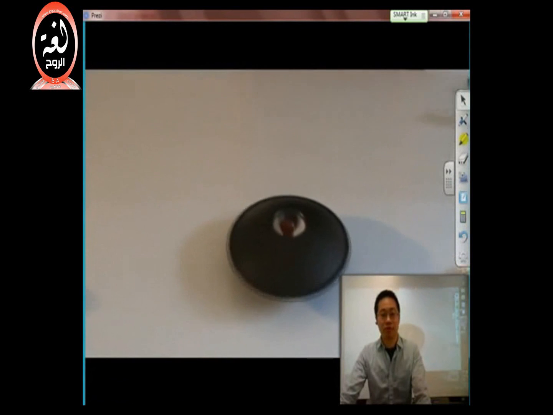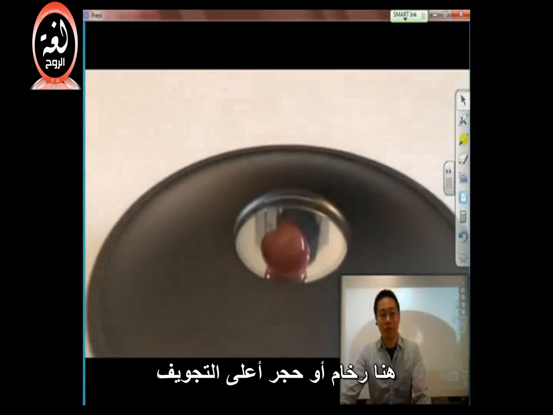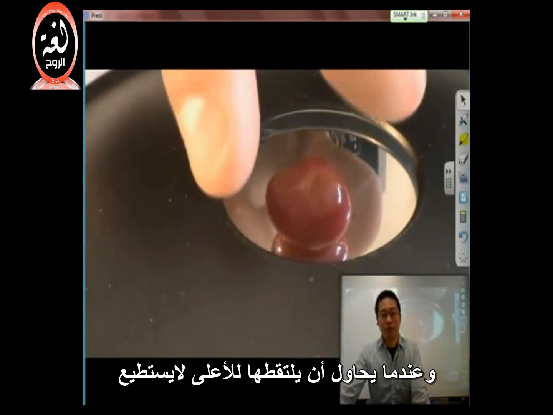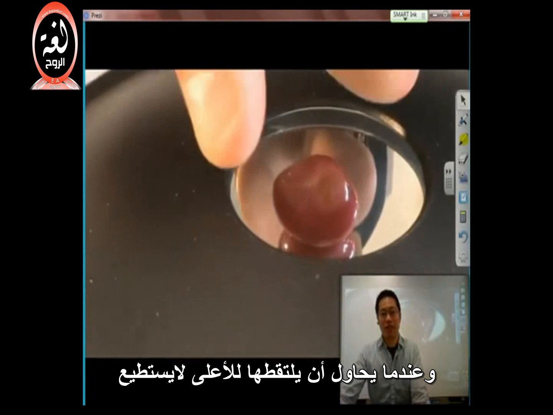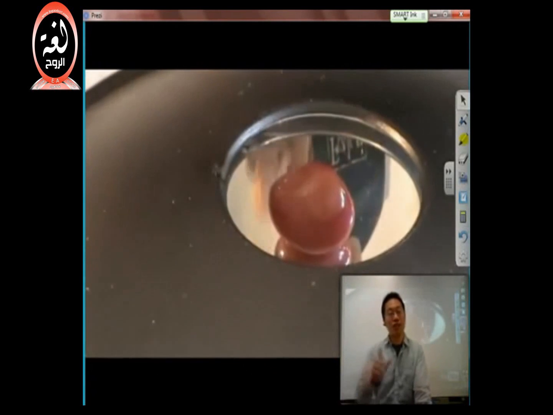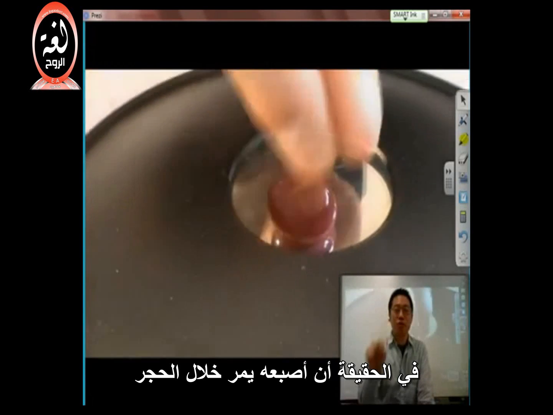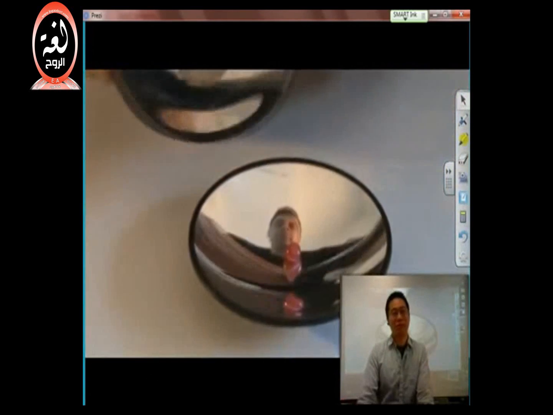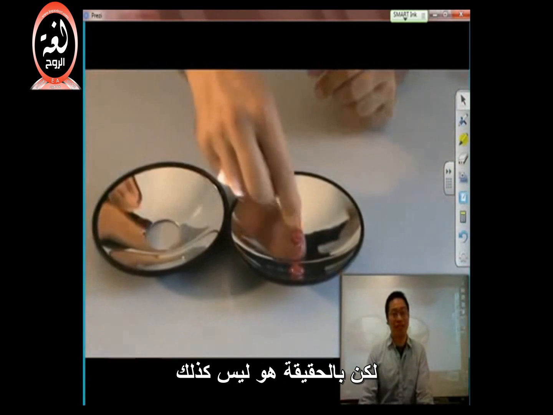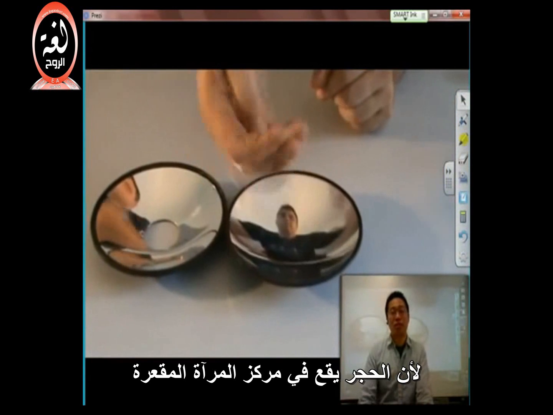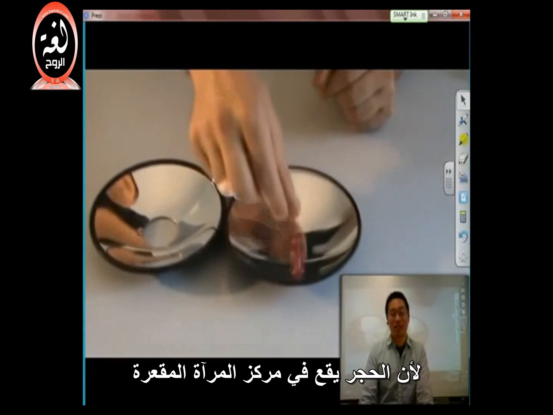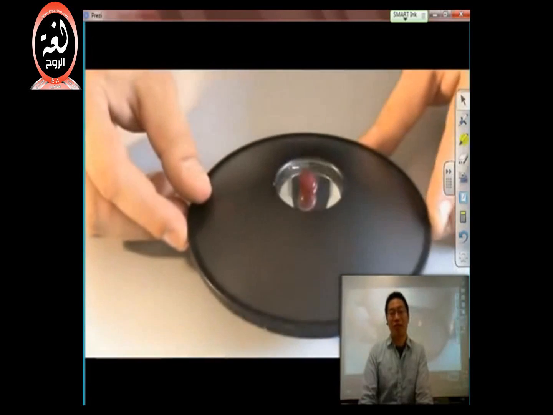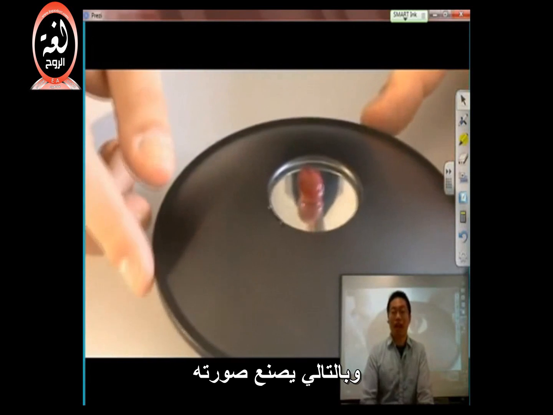There's a marble or stone on top of a bowl. A stone, actually. And when he tries to pick it up, he can't. In fact, his finger is passing right through the stone itself. But you guys see the stone's right there. But in reality, it's not. The stone is placed at the center of the top concave mirror. And when it's placed at the top of the concave mirror, it actually generates that image.